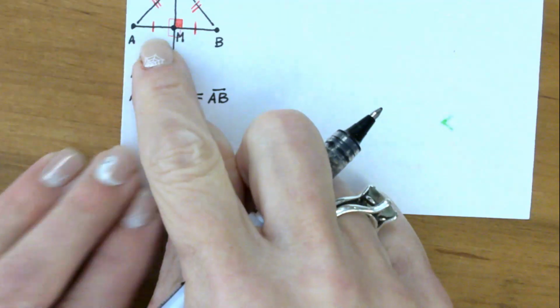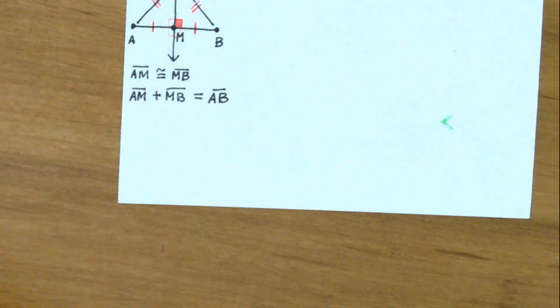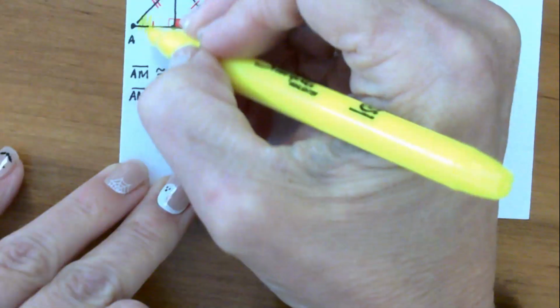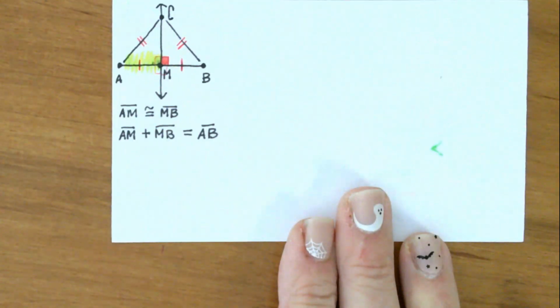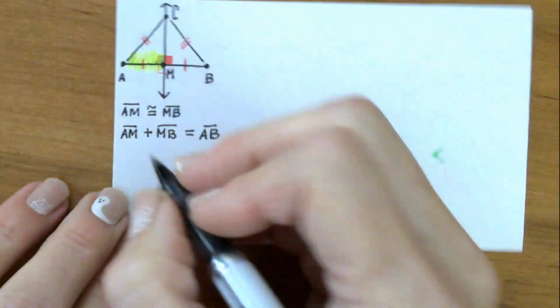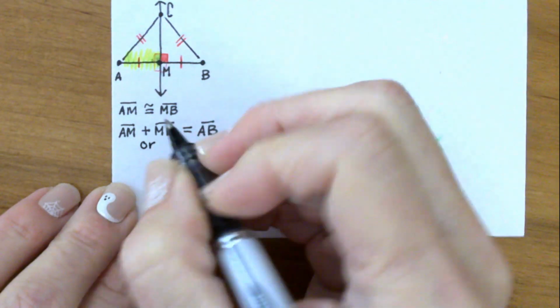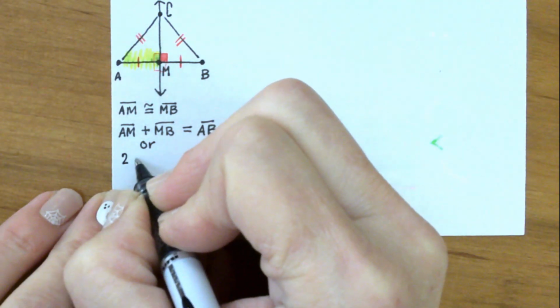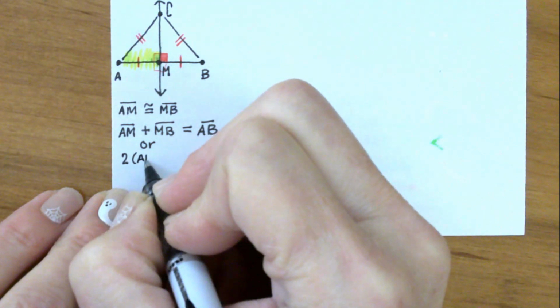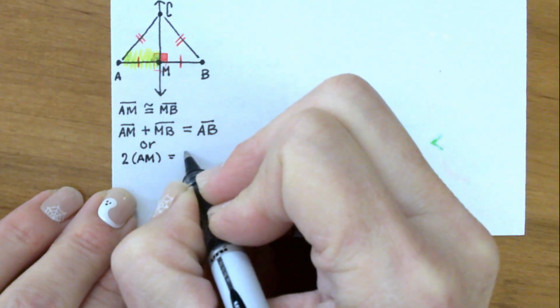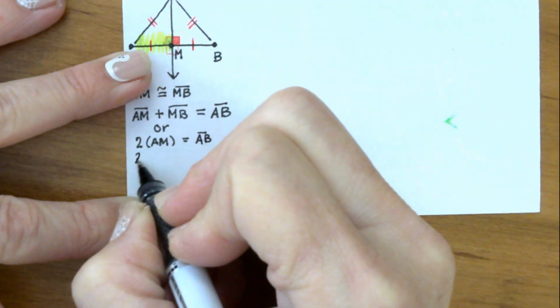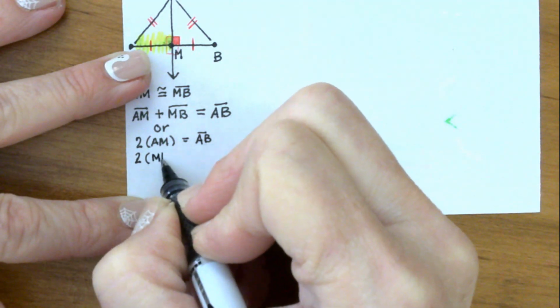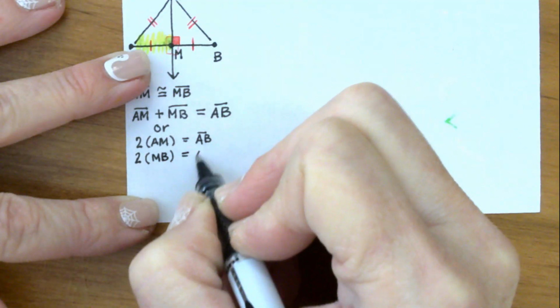Guys, the half, okay, this is halfway, right? So if I have the half and I double it, then I can get AB. You can say 2 times AM equals AB. You could even say 2 times MB is equal to AB.